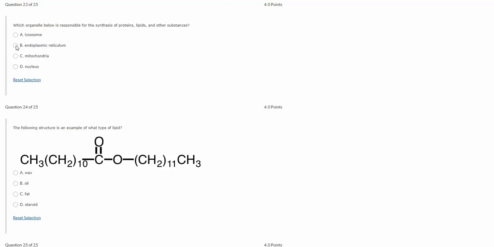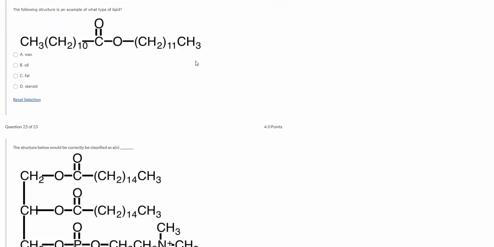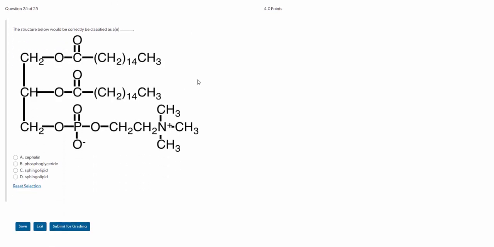Well, that is the endoplasmic reticulum. Number 24, the following structure is an example of what type of lipid? This is a wax, having long chains on both sides of an ester group. Number 25, the structure below would be correctly classified as what? Well, it's this phosphorus group down here that gives it away. This is a phosphoglyceride.